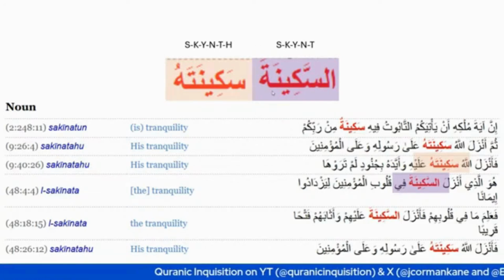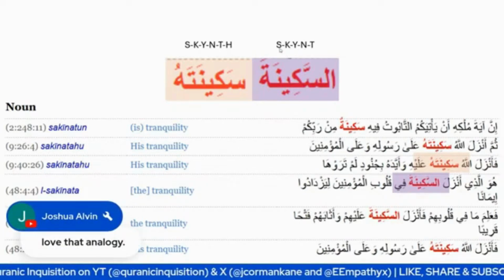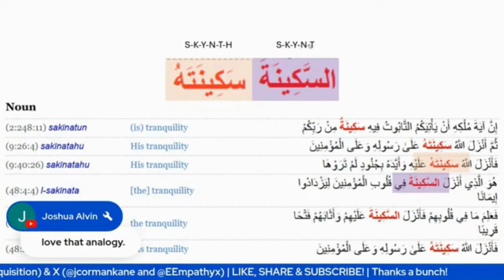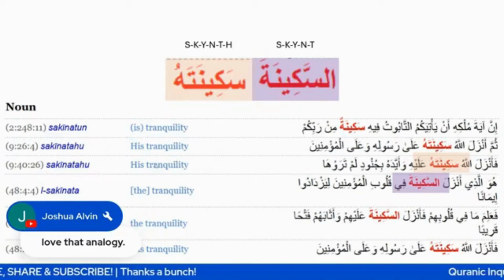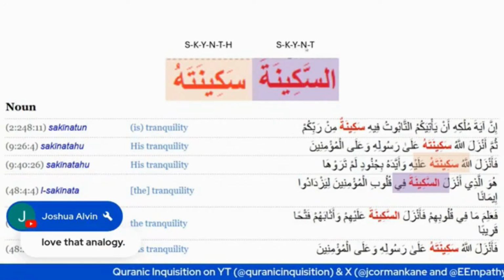This is all to say that the actual form of the word we're dealing with is SKYNT, where the H is a suffix to mean his, which we do see in the sin here. They do translate that over, where the marbuta after the T acts as the suffix his. So this is the word form we're really looking at here, SKYNT.